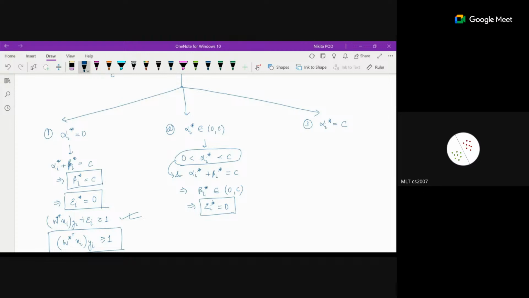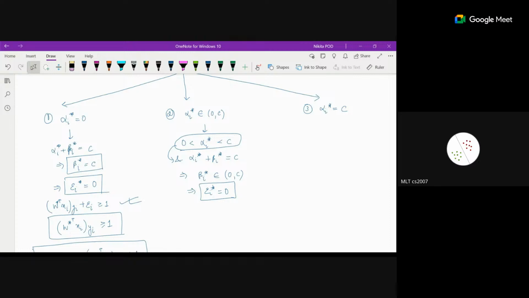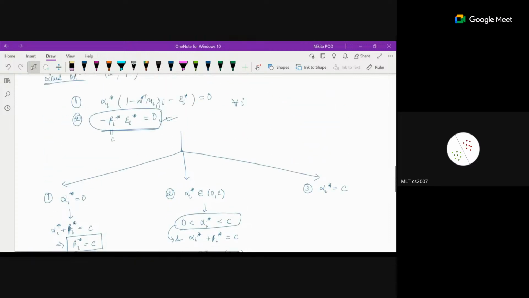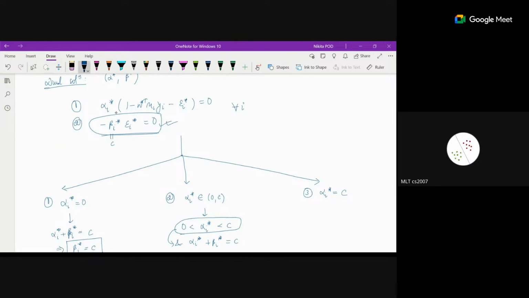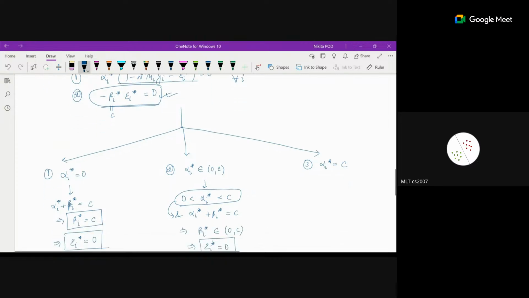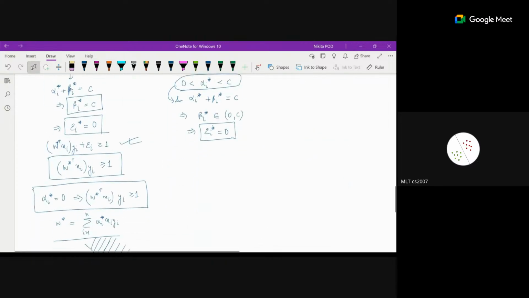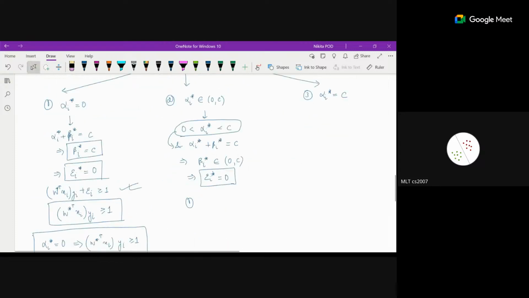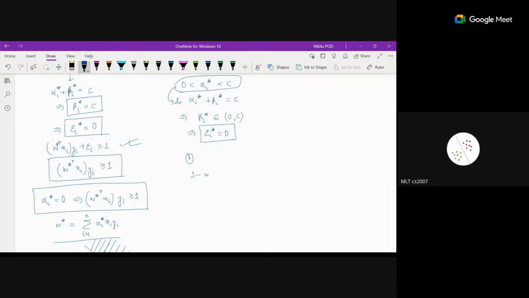So if my epsilon I star is equal to 0, then from the first condition, alpha I star times 1 minus W star transpose xi yi minus epsilon I star should be equal to 0.